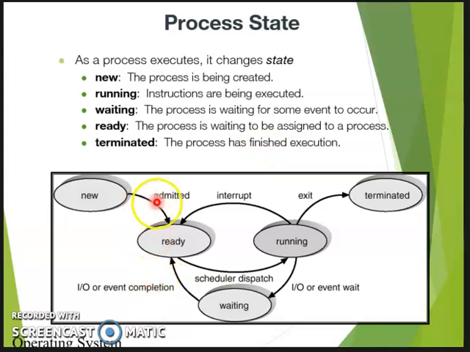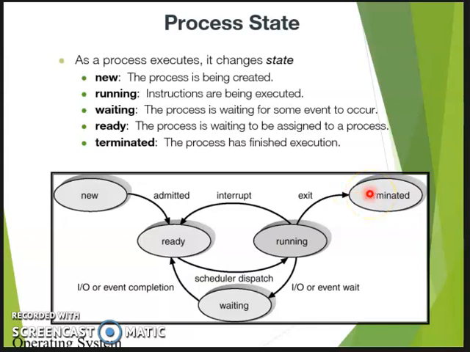Look at the diagram here. When a process is being created, we call it the new state. When it is admitted, that is, ready for execution, it is put into the ready state. When it is started as per the schedule and starts running, there may be a chance of it getting successfully completed. Then we call that terminated. Once it's completed successfully, it will exit and be sent to the terminated state.